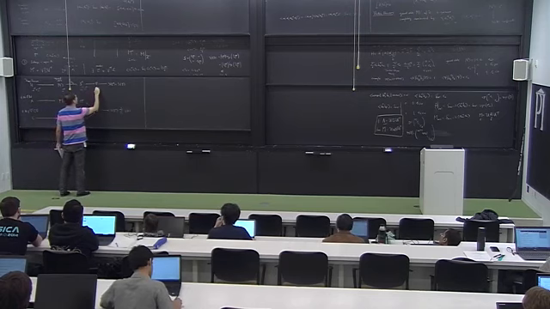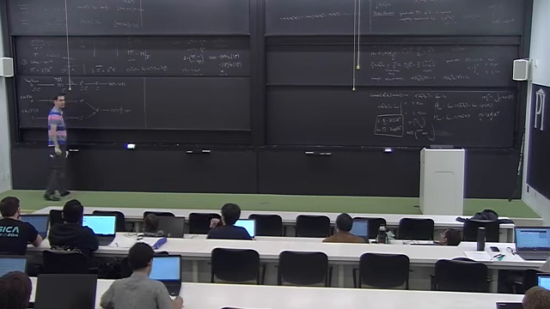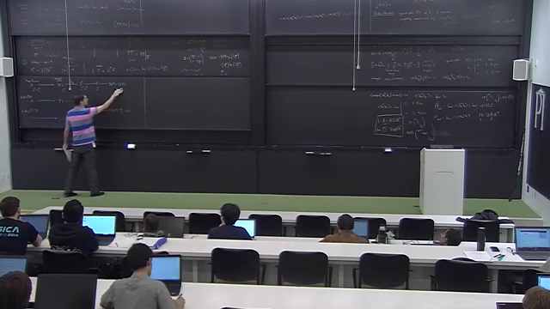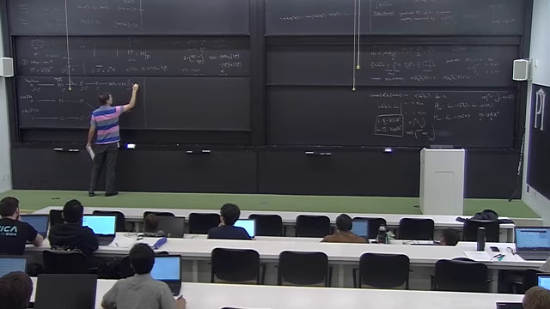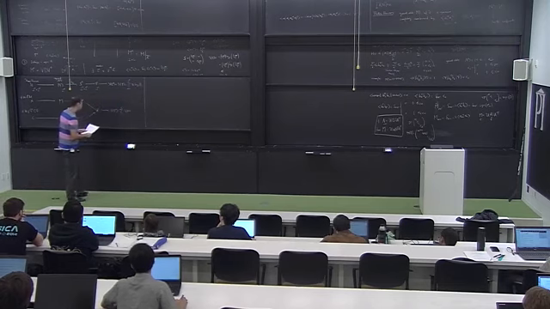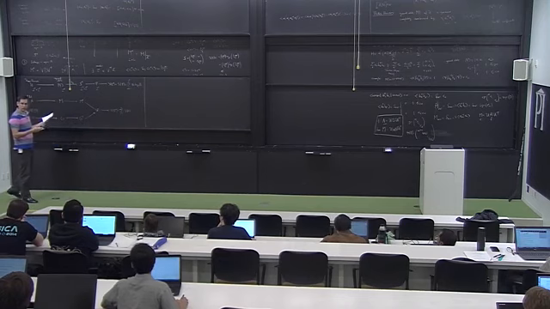We would have 2^L of those. And then we would just compute the entropy as a sum from alpha equals 1 to 2^L of these eigenvalues times log 2 of them. Okay? That's what we would do in general. That's what you did yesterday in the tutorial.